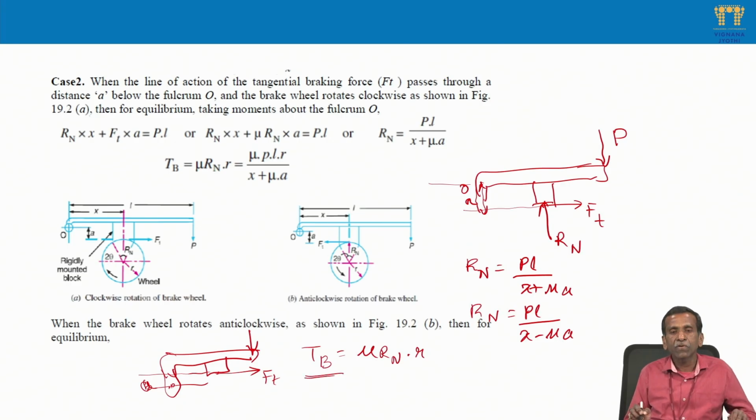I think you are able to understand this point. This is most important: which direction the wheel is rotating, and especially where we locate the pivot point on the lever. With less effort only we can stop the motion of the wheel, that means we can apply the brake.